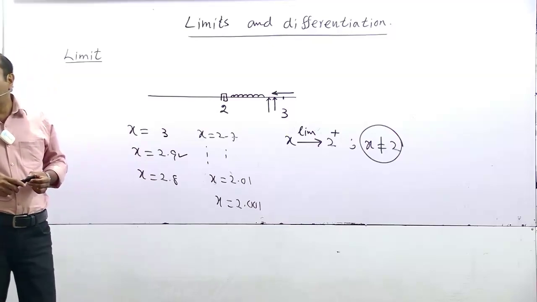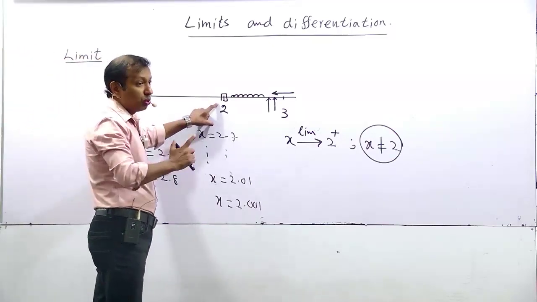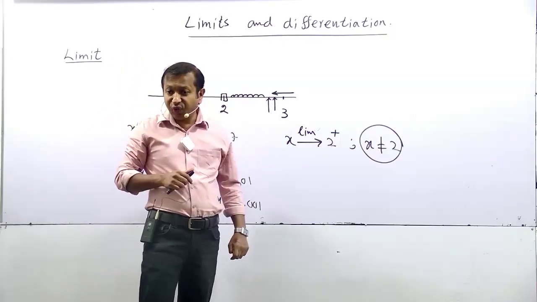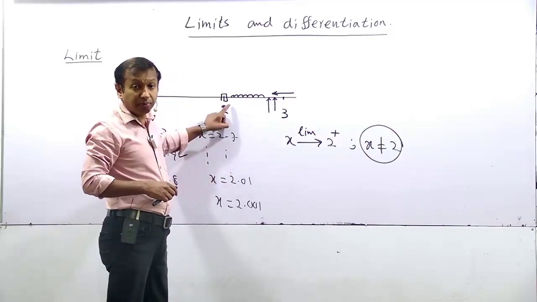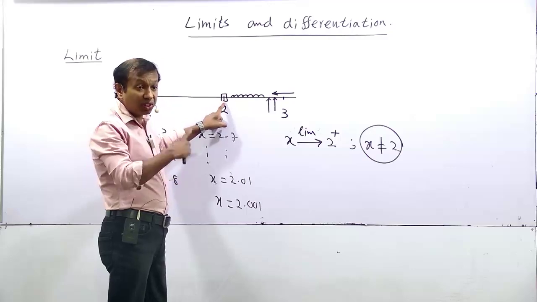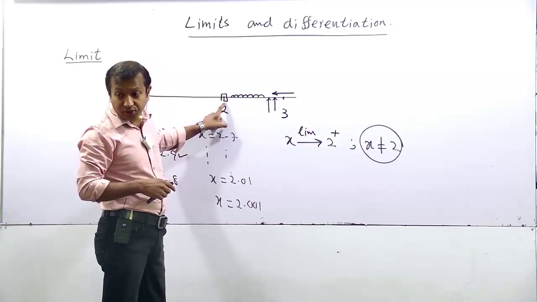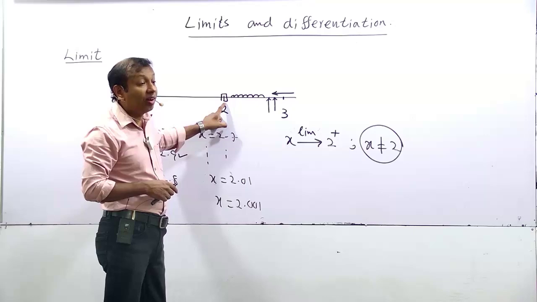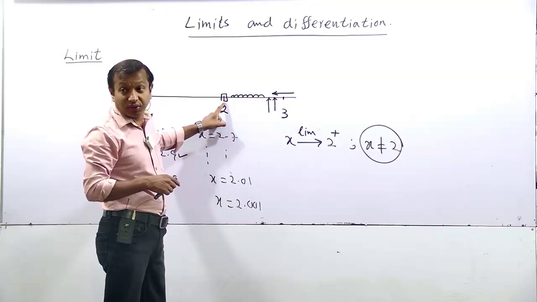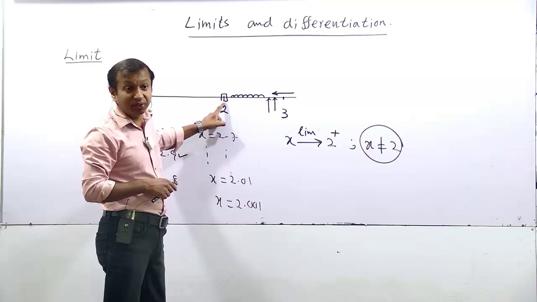What is the nearest number to this 2 on its right hand side? Is there no such number? Nobody can say exactly the nearest number to this 2. If you say a nearest number to this 2, I'll give a nearer number than the number you said.